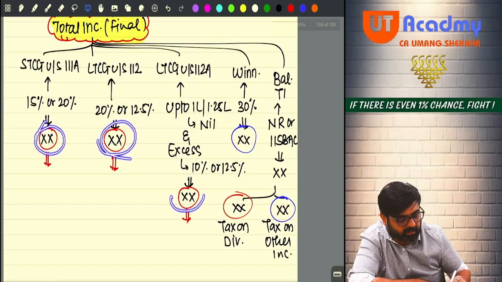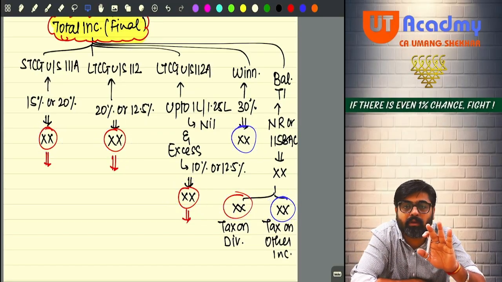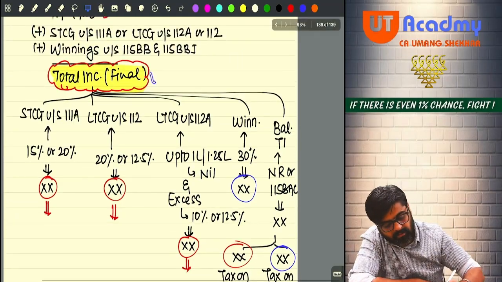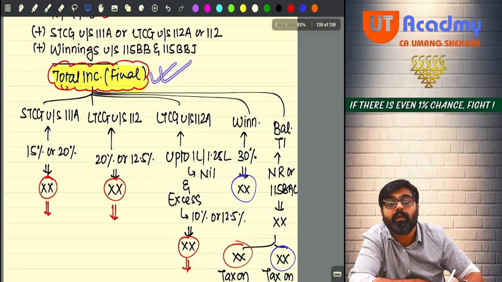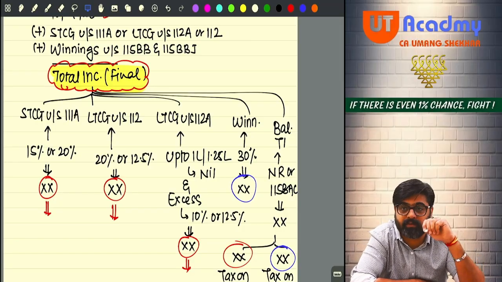Now, if your total income is more than 1 crore, then the surcharge rate will be 15%.